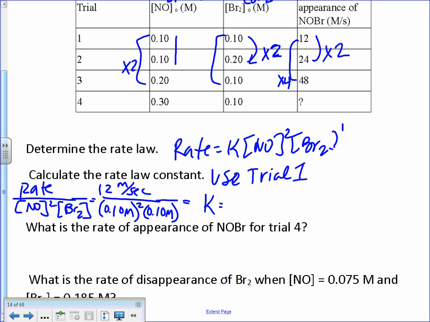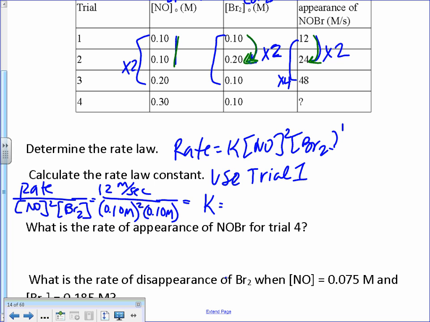So what do you use to get the exponent? I used trials 1 and 2 for the first one, because I said, color here, A stayed constant, nitrogen monoxide, and Br2 doubled, and I saw that the rate doubled, so that meant bromine was first order.